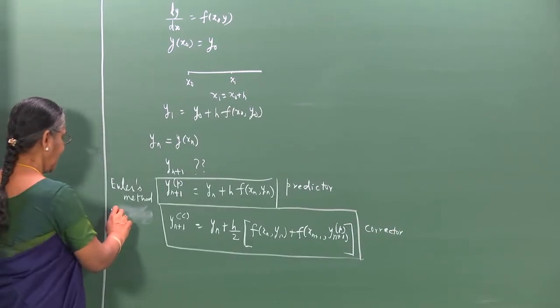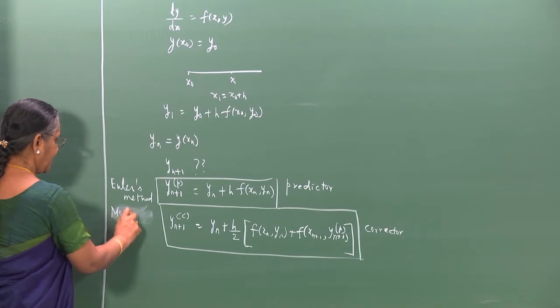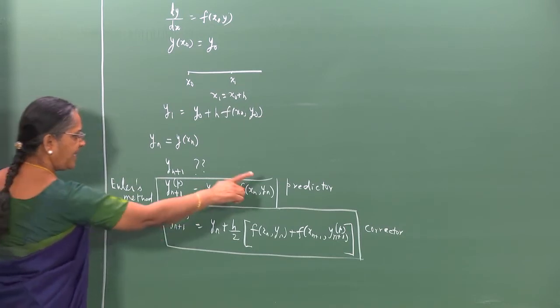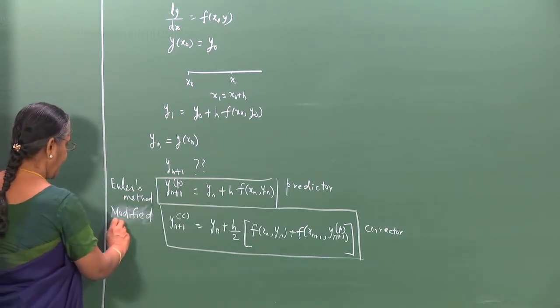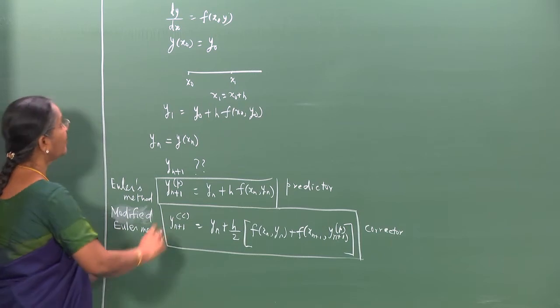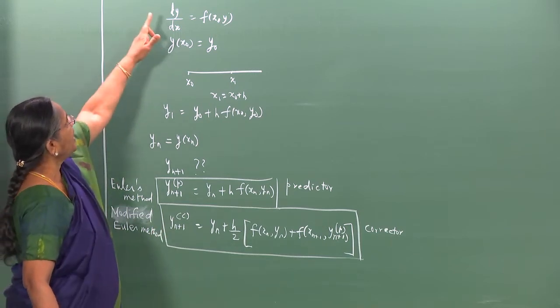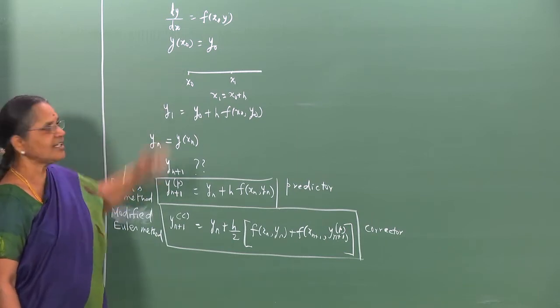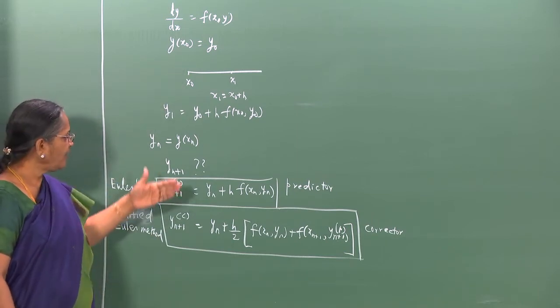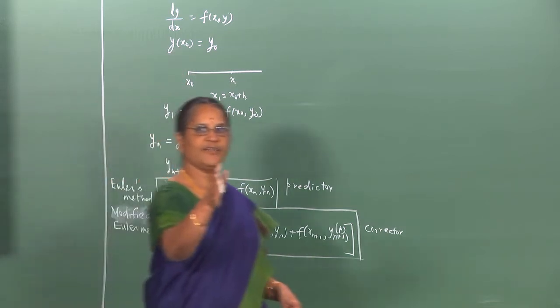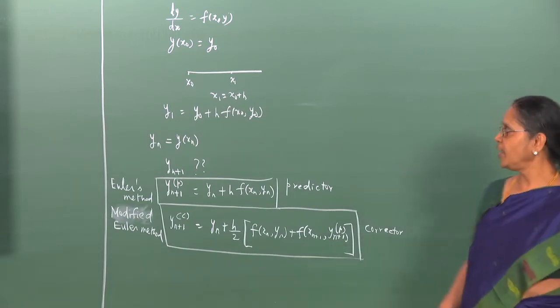Euler's method and modified Euler's method serve as a predictor-corrector pair for computing the solution of an initial value problem of the form dy/dx = f(x, y), y(x0) = y0, and one will be able to obtain the solution at the next point knowing the information at a previous point.